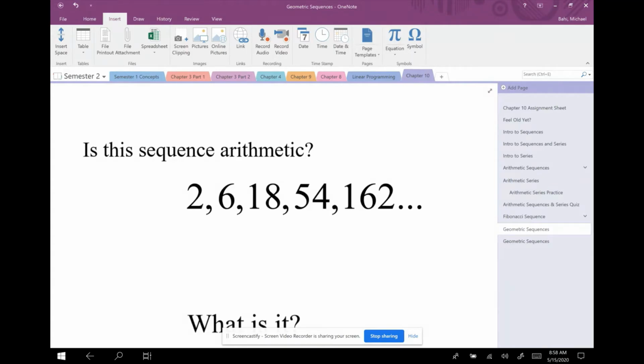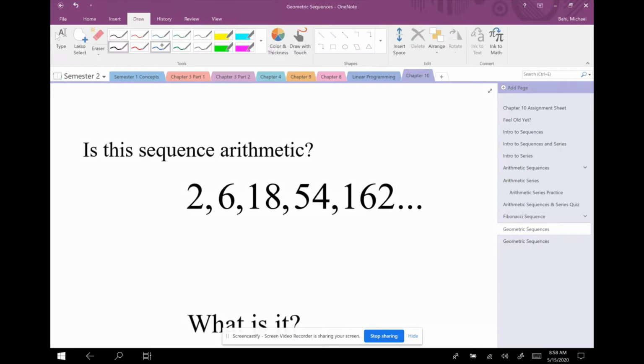Today we're going to be talking about geometric sequences. And so basically that pretty much answers this introduction question of, is this sequence arithmetic? It's not, because, well, what made an arithmetic sequence arithmetic? If you remember, hopefully because you just had your quiz on this yesterday or 2 days ago, arithmetic means linear.